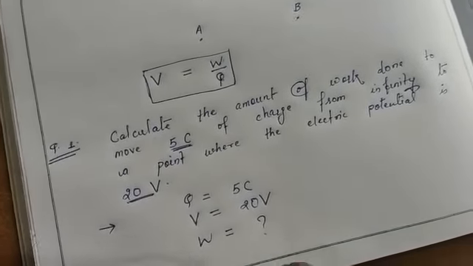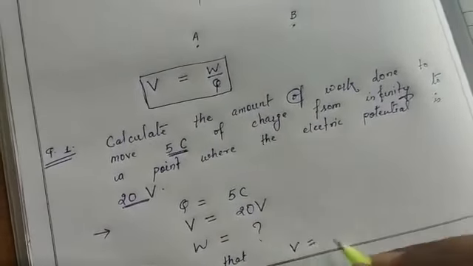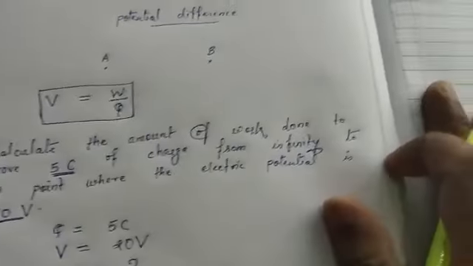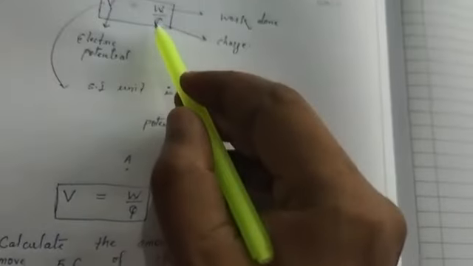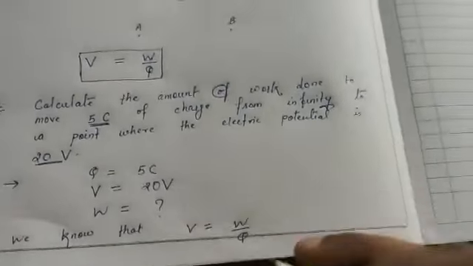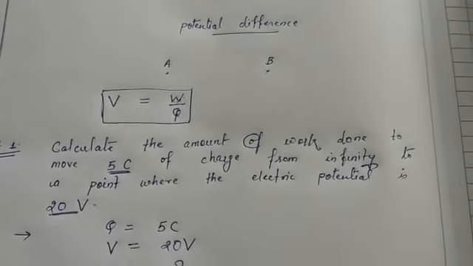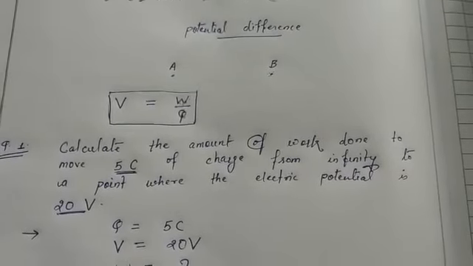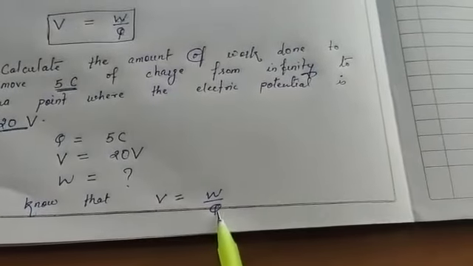So we know that V is equal to W by Q, the same formula; either potential difference or electric potential, both have the same meaning here in terms of numerical. So V equal to W by Q can be written as W is equal to VQ.